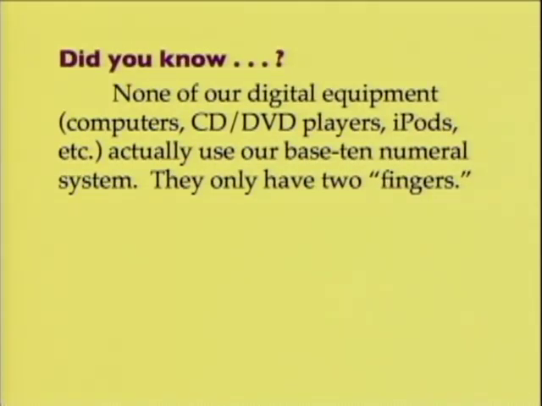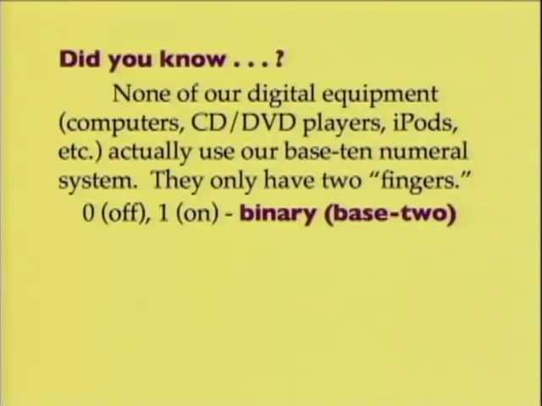They have switches instead of fingers, and switches are either on or off. So they have a completely different numeral system. Well, not completely different. It's similar to ours, but it's not based on 10. It's based on 2. It's called binary numbers, and there are only 2 digits: 0, which typically means the switch is off, and 1, which means the switch is on. I think I have those correct. If not, the computer science people will correct me and I'll fix it next time.